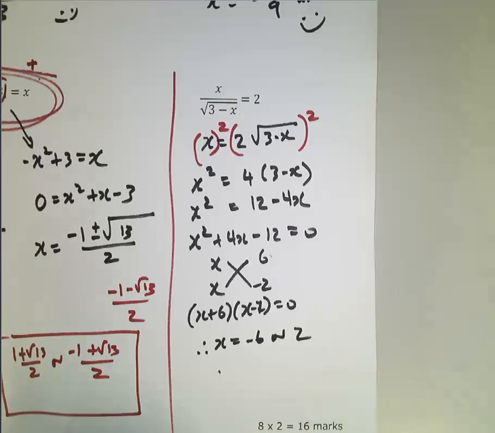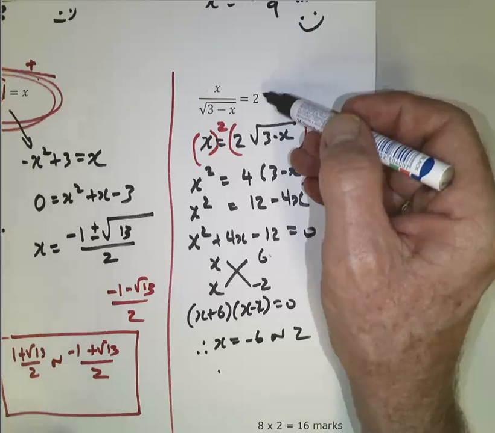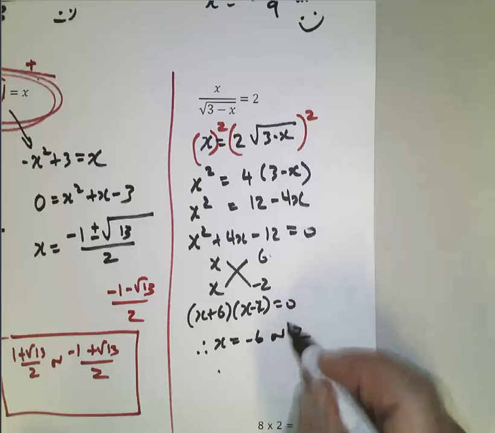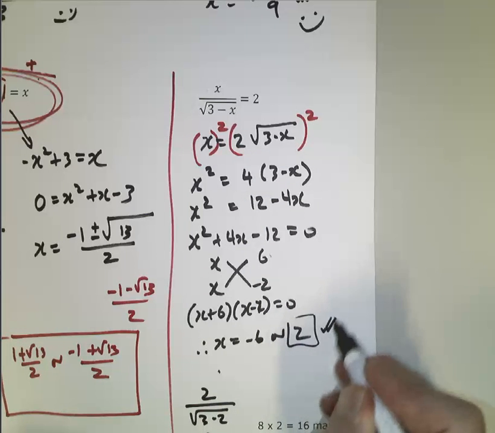Like I did before, I need to double check and make sure that when I substitute these into here, it actually is correct. So when x equals 2, I end up with 2 over the square root of 3 minus 2, which is 2 over 1, which equals 2, and that equals 2, so that's a good answer.